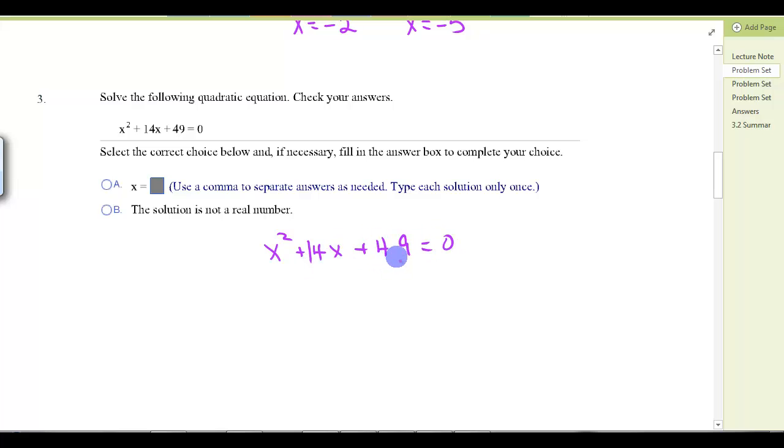Factors of 49, 7. So this does factor nicely. So x equals negative 7, x equals negative 7, and it's a repeated root, so when we go up here, we're just going to choose that, and we're going to put negative 7 in one time.